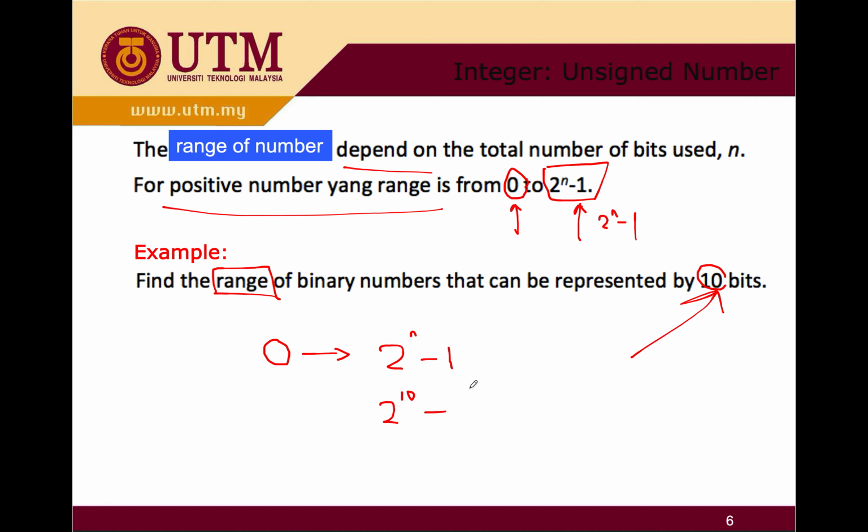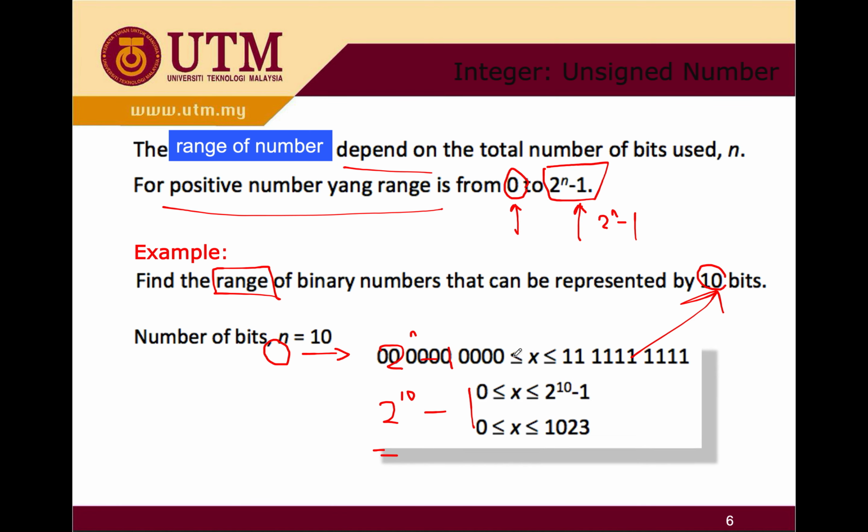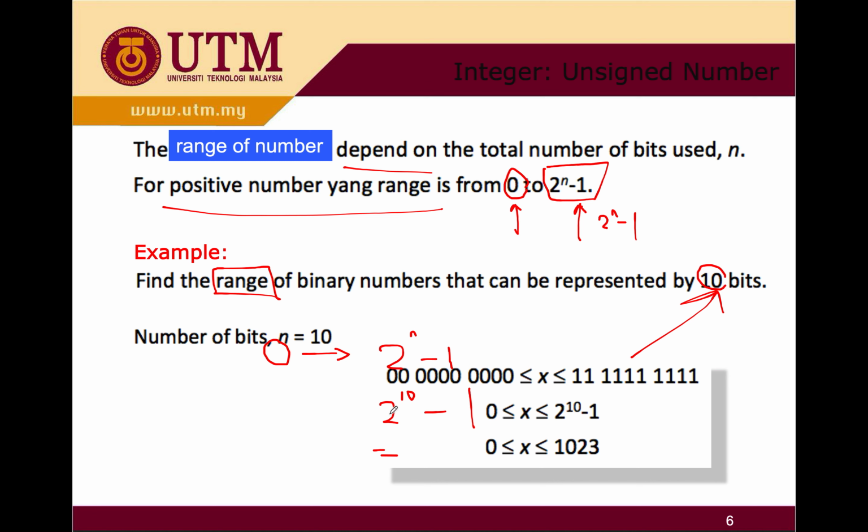You minus 1, and you're going to get the value. So the value of 2 to the power of 10 minus 1, you will get 1023. So this is the range in the form of binary numbers that can be represented by 10 bits.